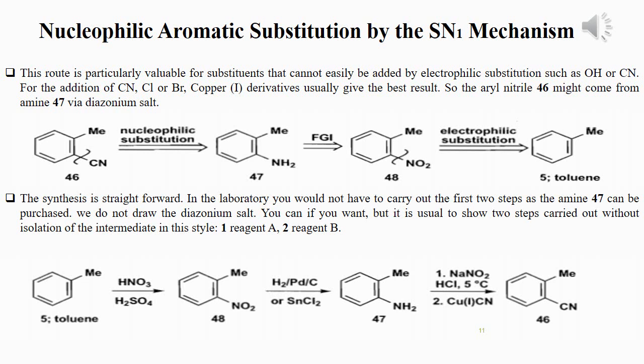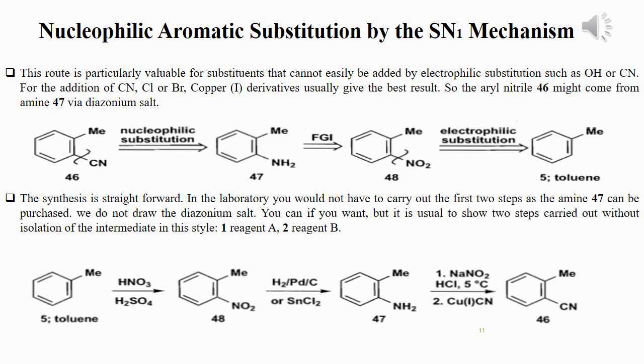We do the disconnection of 46 at the cyano group and aromatic ring, and then assume the synthetic equivalent, amine 47. We get that amine from the reduction of the nitro compound, so we can do the FGI, 48, the equivalent from which we can get 47.